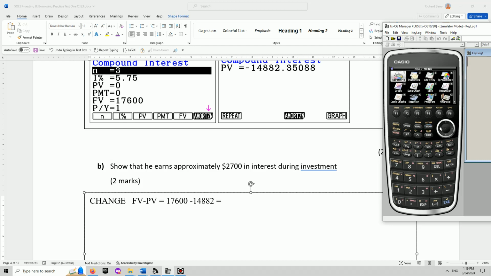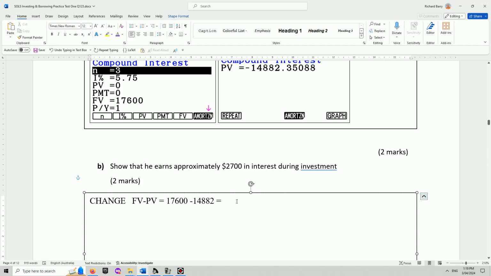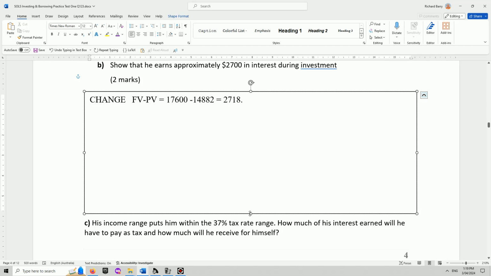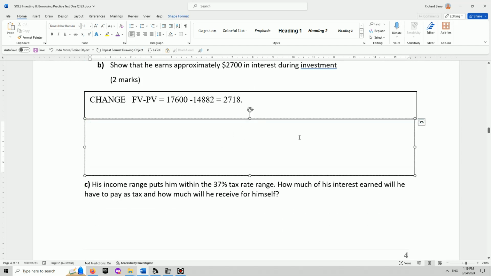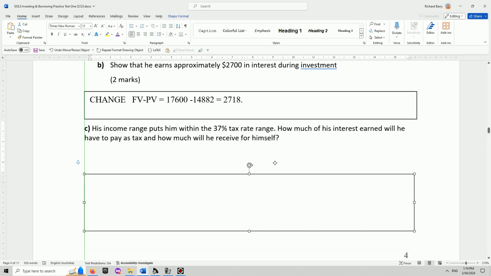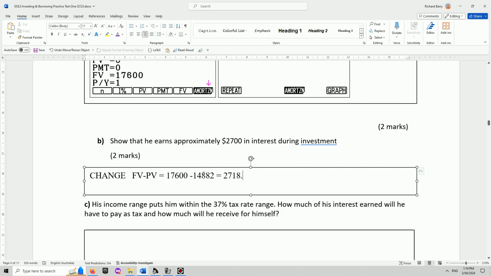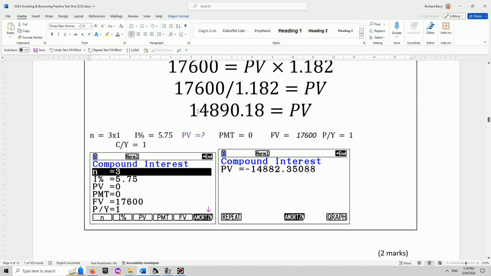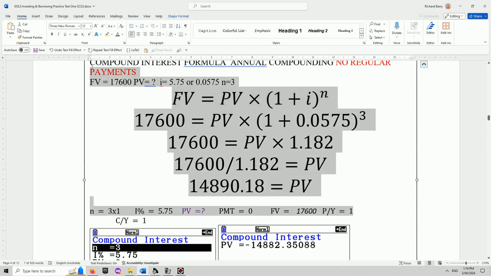Back to normal run on the calculator for normal calculations: 17,600 minus 14,882 is about 2,718. For some reason I've got a text box problem. Let me fix that up.